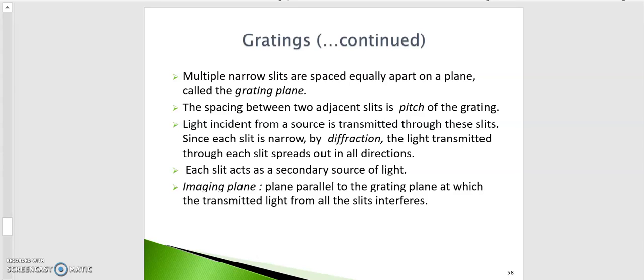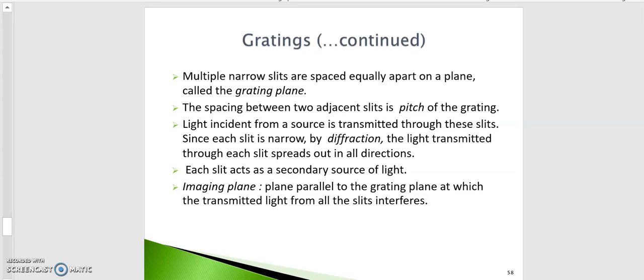So by the phenomenon of diffraction, the light spreads out in all directions. Primarily we had a source, and from that source, light has been transmitted by the slits. So now all these slits act as secondary sources of light.